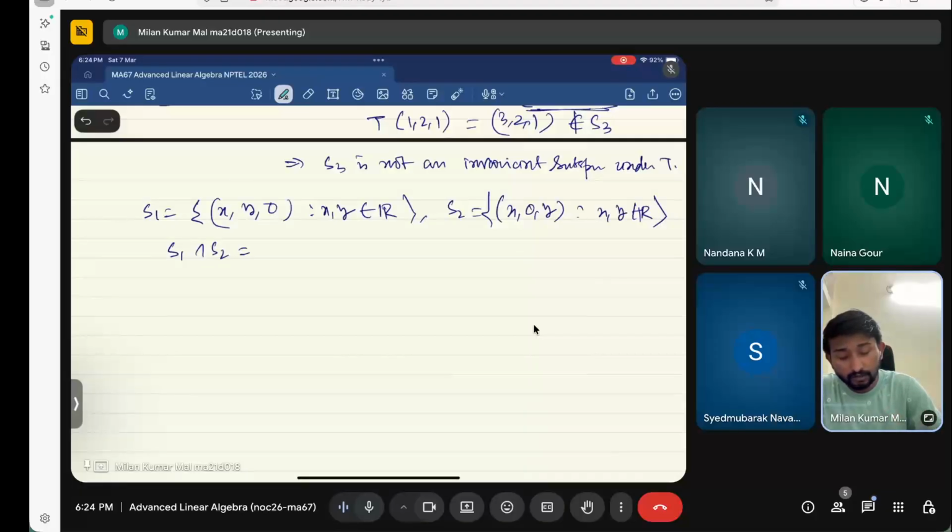So S1 intersection S2 is (x, 0, 0) such that x is in R.